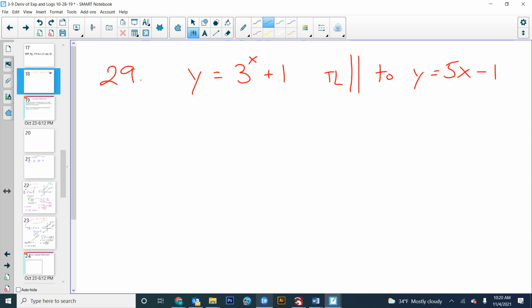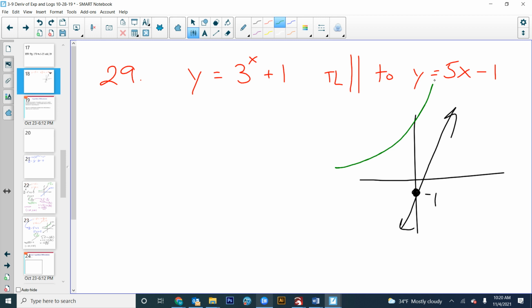Right? Because here's 5x minus 1. And 3 to the x plus 1. Do you guys know what that graph looks like? 3 to the x.